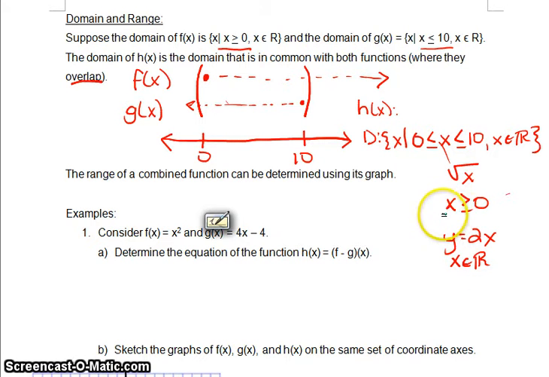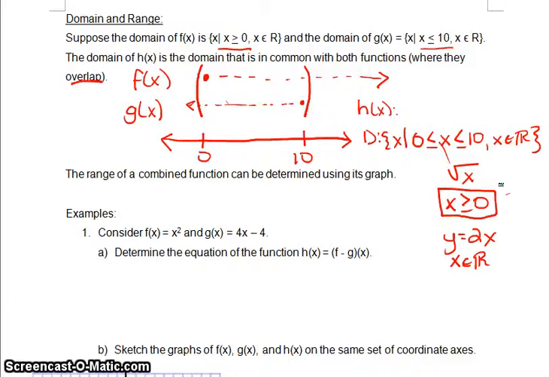And if you notice, that overlap will simply be x must be greater than or equal to 0. So test it out on your graphing calculators, but we'll also see some examples later on, either in the section or later on in the chapter. And hopefully that'll help prove that point there.